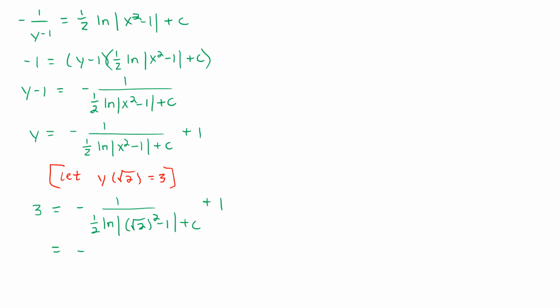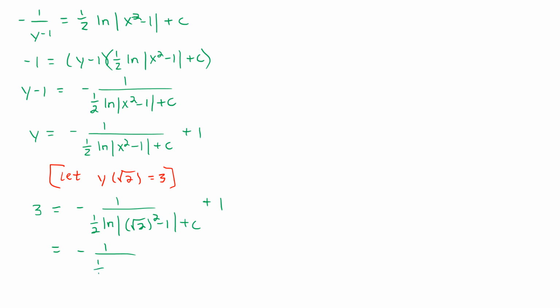If we take the square root, squared would get us 2, and then we have 2 minus 1, then we would have 1, and the natural log of 1 is 0, and so then we have 0 times 1/2, which is 0, plus c, which would just leave us with c.